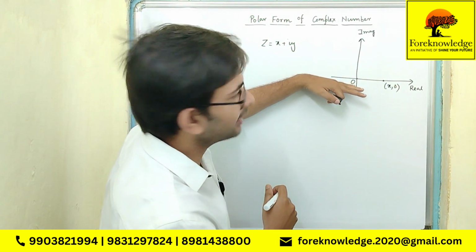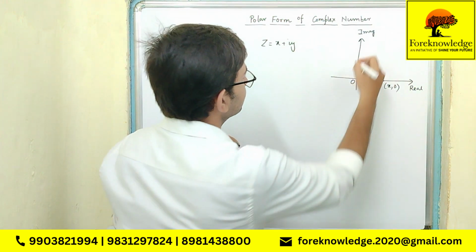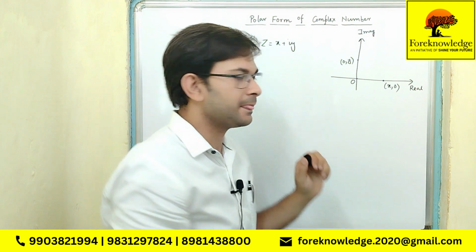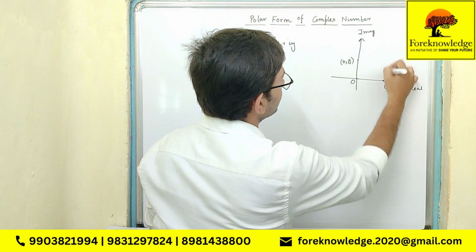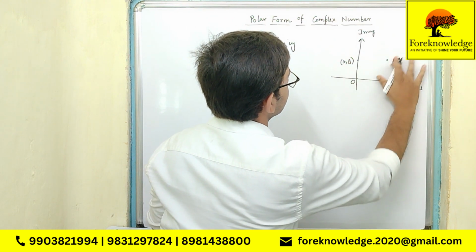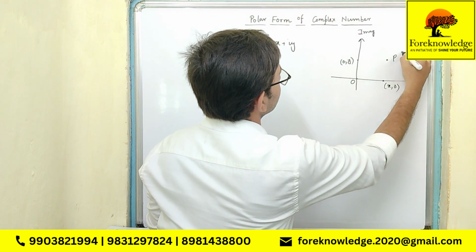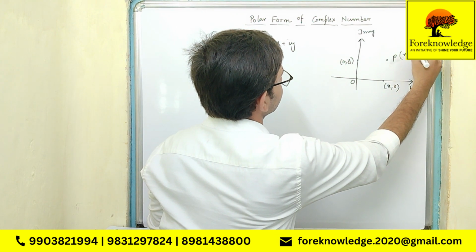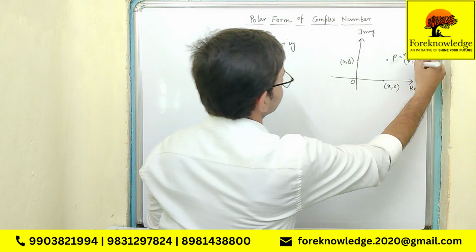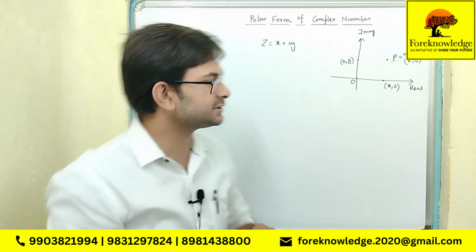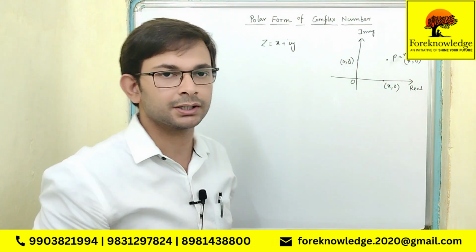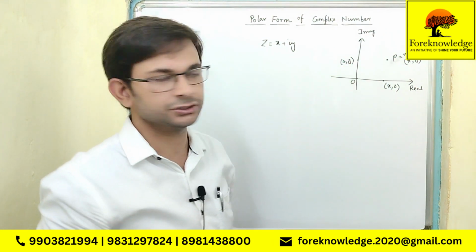Starting from the origin and moving along the imaginary axis, this is the point (0, y). Where these two straight lines meet is the point P, which is x plus iy, or you can write this as (x, y). Here x is the real part and y is the imaginary part of the complex number, and this is the Gaussian plane.